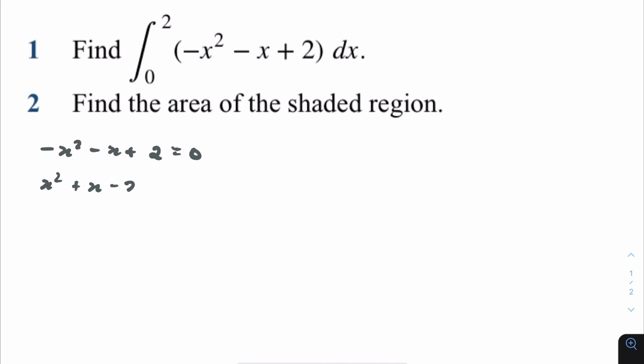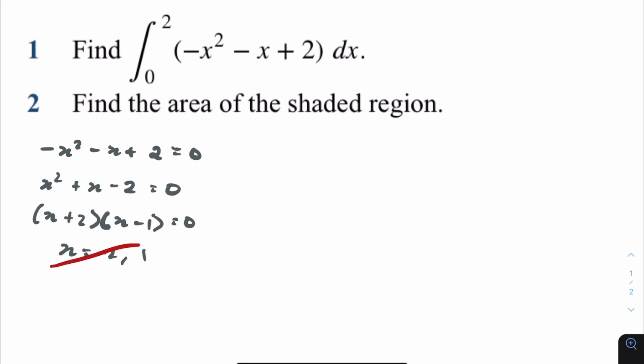Gives us this, which is a lot easier to work with, which gives us x minus 1, sorry, wrong sign, x plus 2 is equal to 0. So our x values are negative 2 and 1, but we can already cross out x equals negative 2, and select 1, because x equals negative 2 does not fall in between these boundaries. Only x equals 1 does.